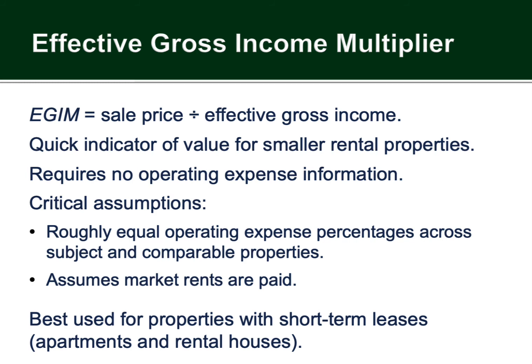But this doesn't account for operating expenses, and so is more for simple properties without a lot of expected maintenance or running costs. It's not really used for professional real estate valuation because it leaves a lot of stones unturned. But you will see this used from time to time in practice by investors in the market.